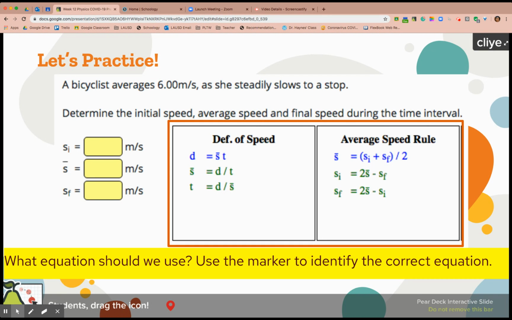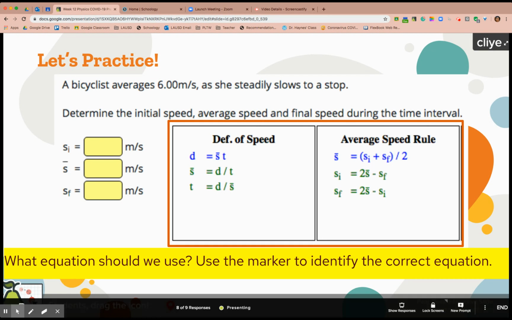Move your markers over one of these 6 equations. All right, and then give about 5 more seconds, and then I'll show.